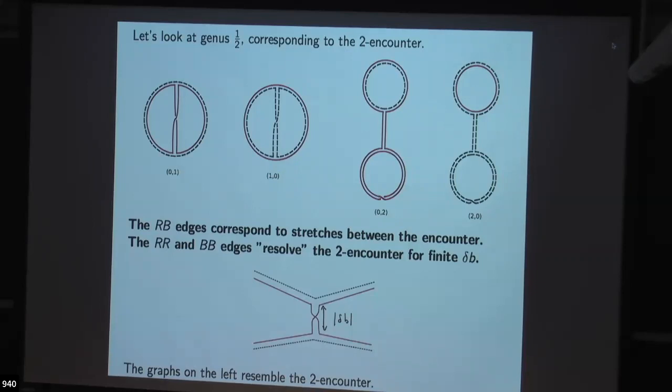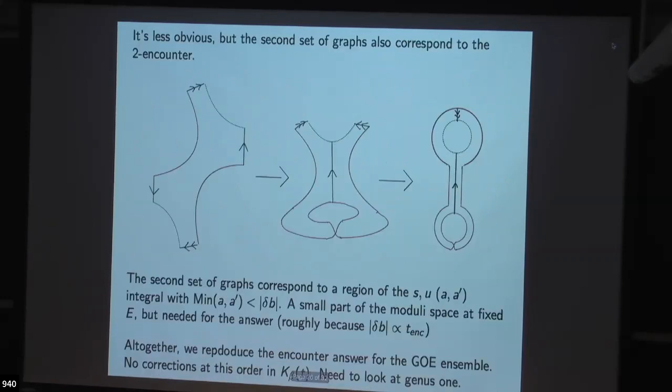Okay, so hopefully it's clear why these graphs resemble the encounters when we insert these edges. So there's these sort of funny looking graphs on the right. It's less obvious, but those also correspond to the 2 encounter, but in a sort of extreme regime of the 2 encounter where it looks less like an encounter.